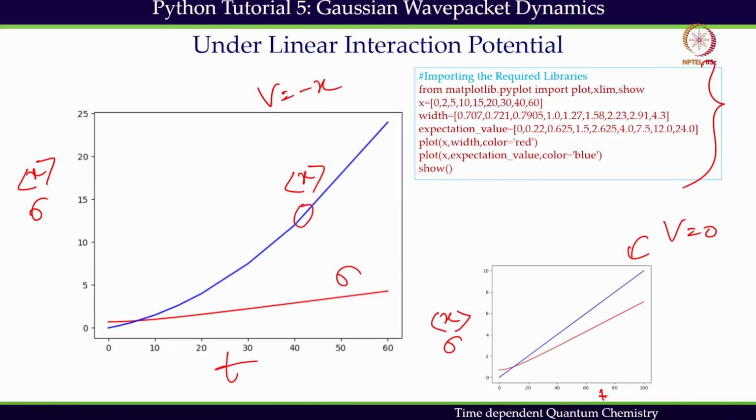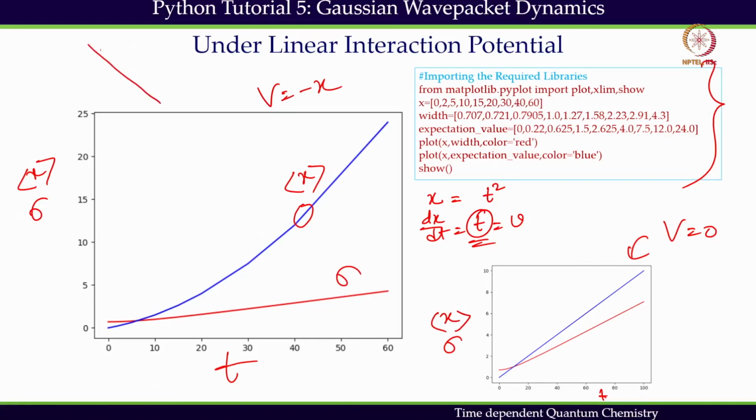If x goes as, let's say, t square, for example, I have to fit this data with a certain function, then dx/dt is time dependent, which means velocity is changing as a function of time.